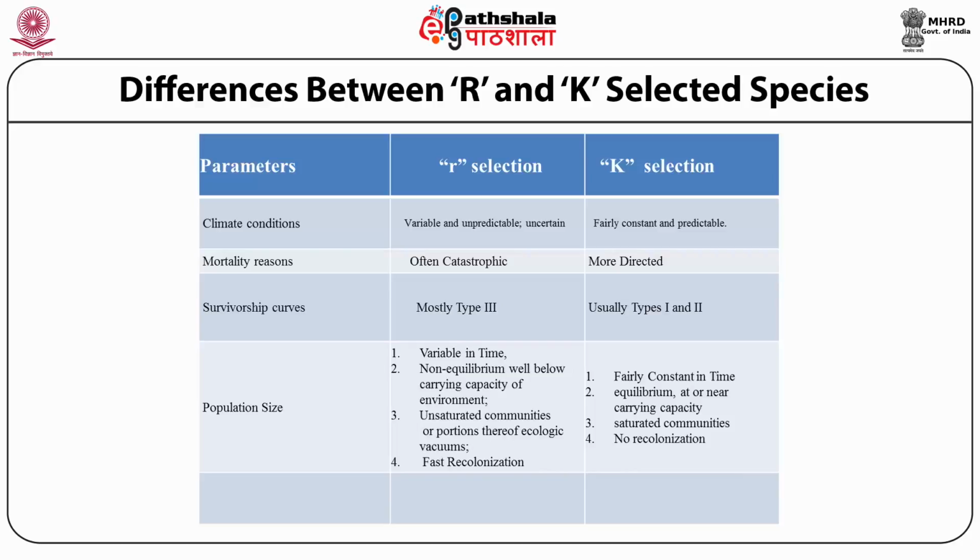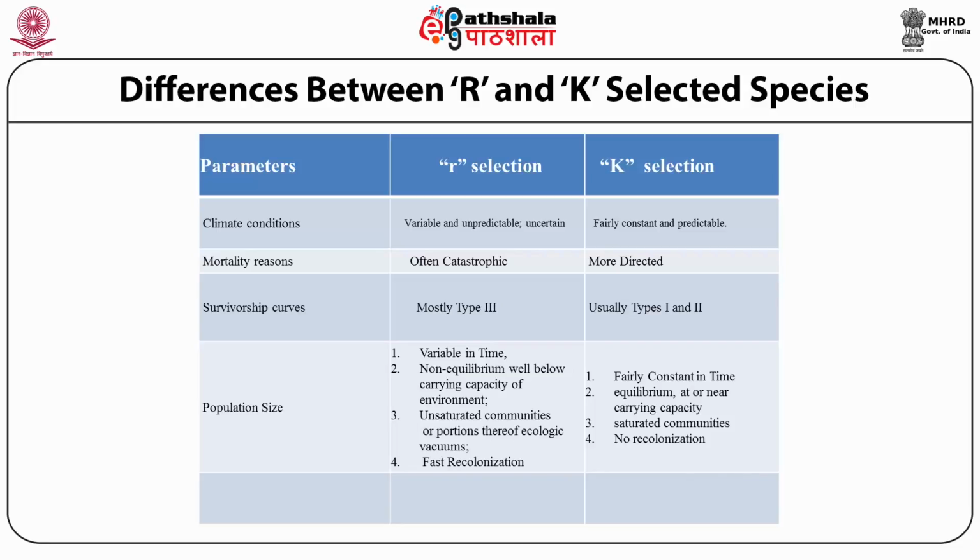The mortality is often due to some catastrophic reason in the case of R-selected populations, whereas in the case of K-selected populations, the mortality is directed or determined by some factors. The survivorship curve of the R-selected populations always follows type 3, whereas in the case of K-selected populations, it is type 1 or type 2.